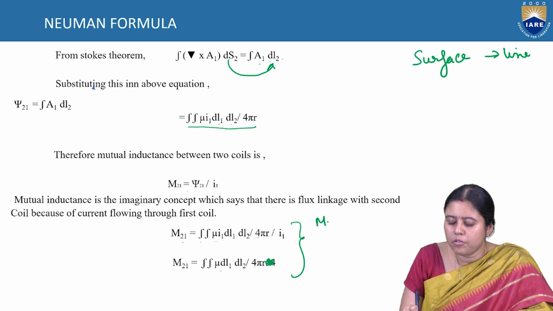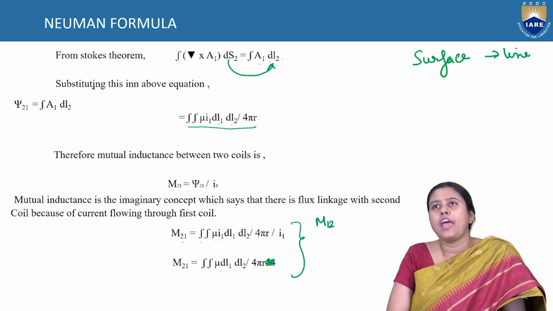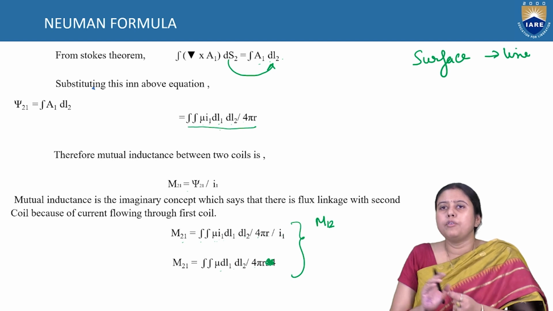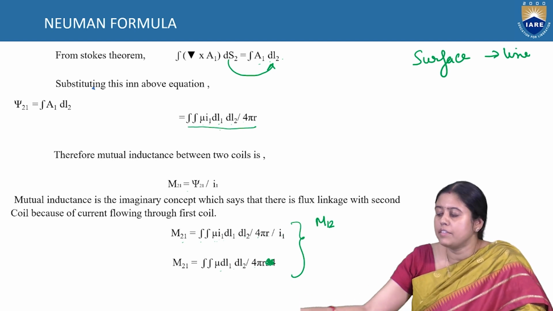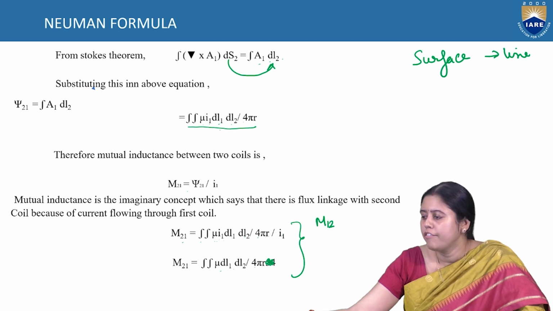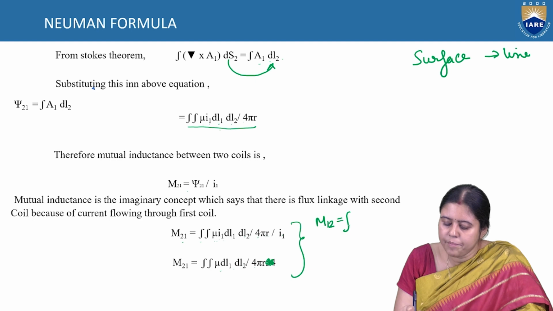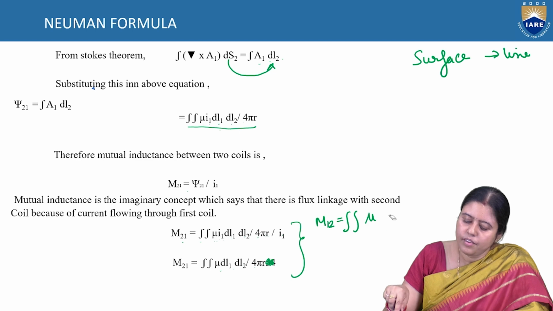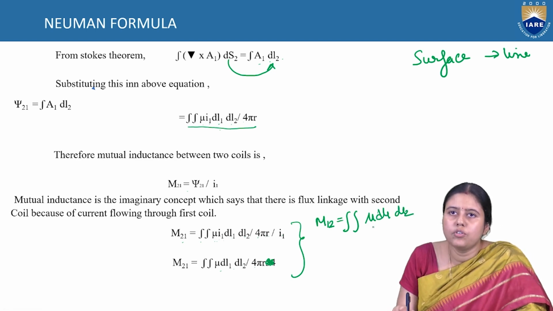If we want to calculate M12, what is the meaning of M12? M12 means the mutual inductance of the first coil due to the second coil, and in this case we will get the same value, mu dl1 dl2 by 4 pi r.